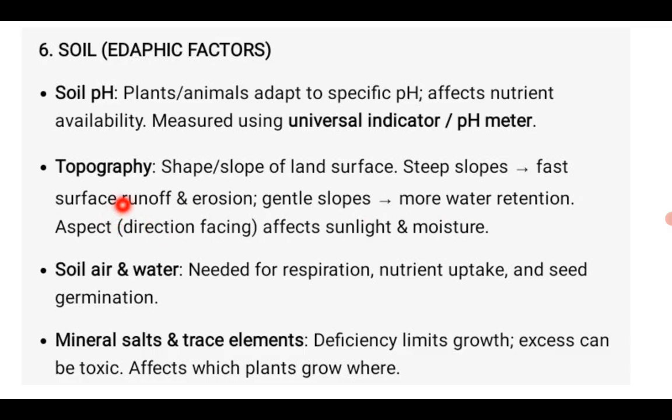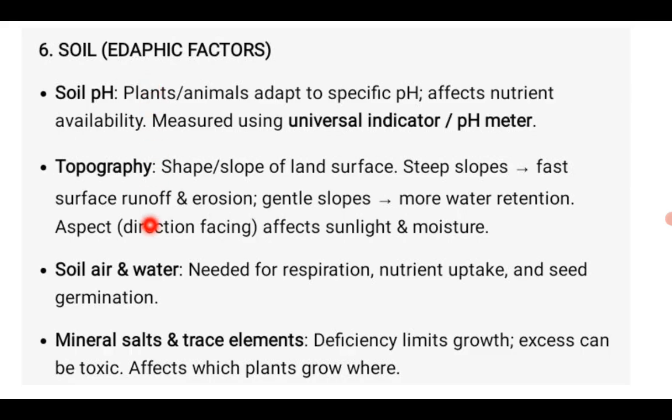Another one relating to topography is aspect, or the direction facing the sun, which will determine the rate of photosynthesis and also availability of moisture due to variations resulting from evaporation. Aspect is simply the direction facing the sun. Another one is soil air and water, which is needed for respiration, nutrient uptake, and germination.